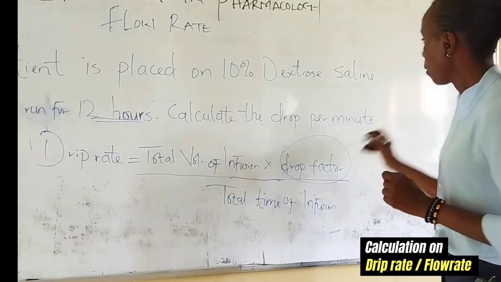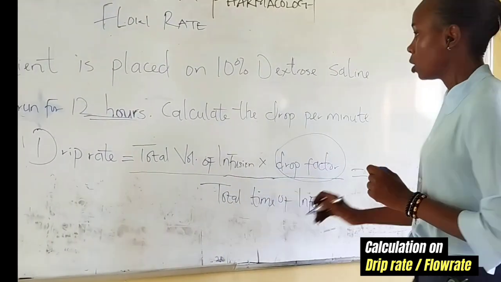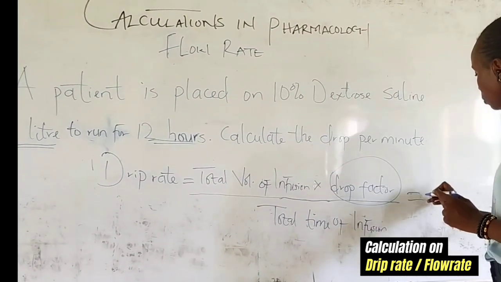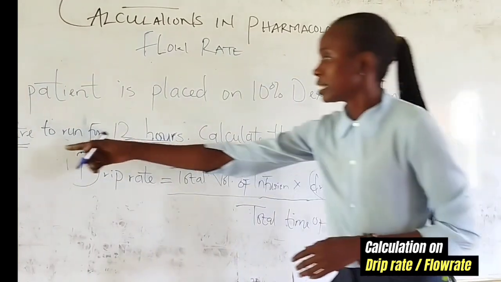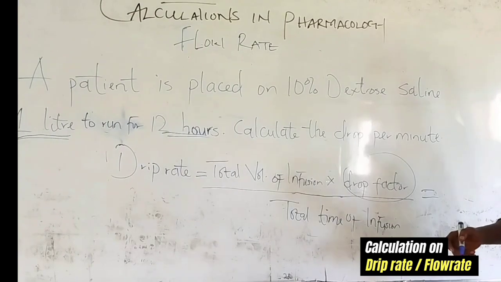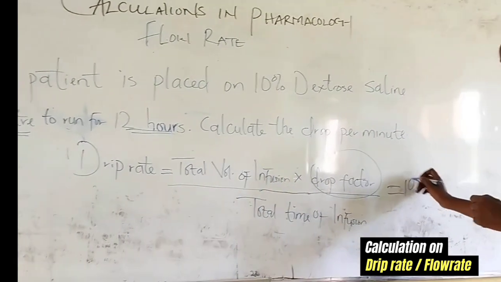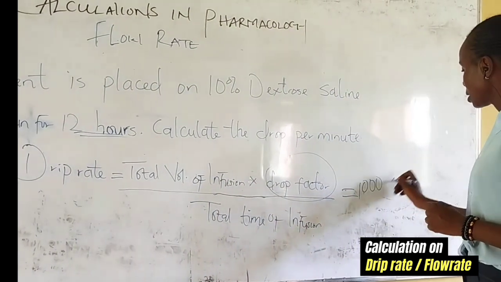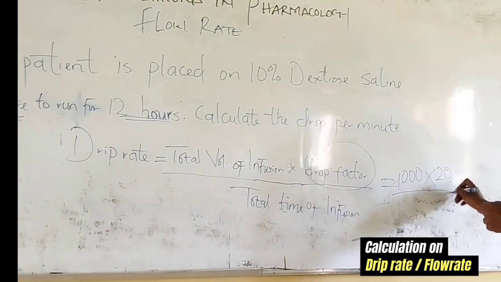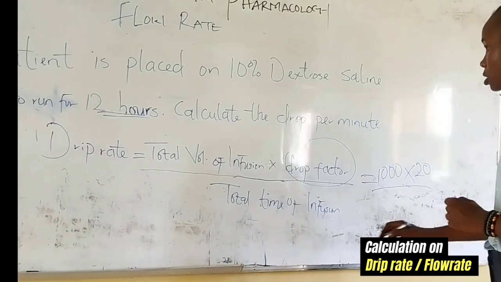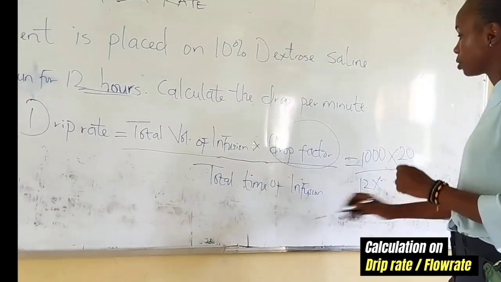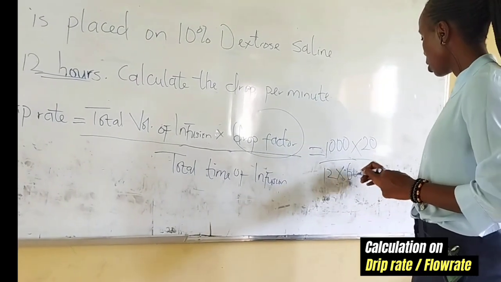Now, using the formula, we bring out our parameters, which is 1 liter, the total volume of infusion. And when we're converting liters to milliliters, it will be 1 times 1000, which equals 1000 milliliters. So it's 1000 milliliters times the drop factor, 20, divided by the total time taken, which is 12 hours times 60, because we're calculating the time in minutes.